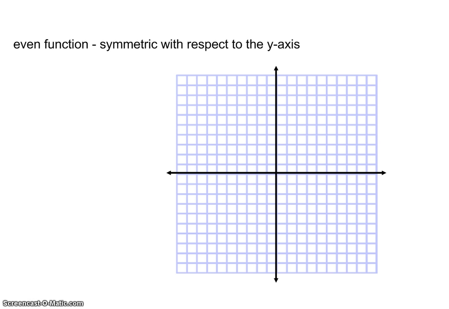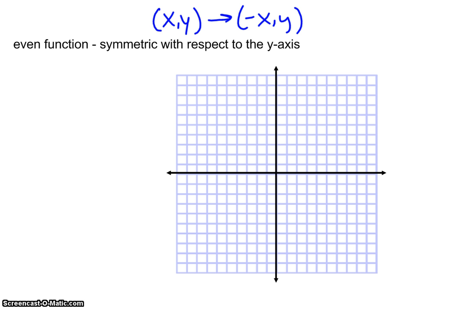All right, if we run into an even function, it's because it is symmetric with respect to the y-axis. Okay, we'll talk about even functions. Don't get hung up on looking at exponents. Some people do that. What we want to do is check for symmetry with respect to the y-axis, which again tells me if x, y is on my graph, then I should also see the opposite of x, y.